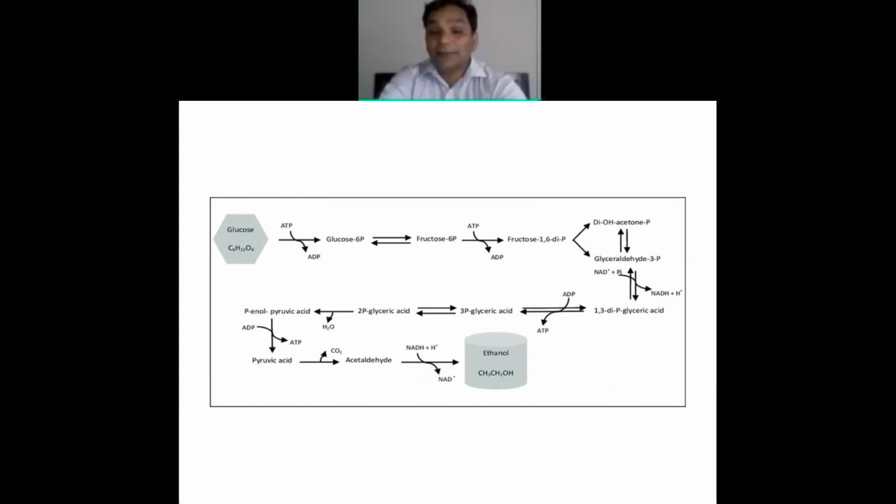The basic metabolic route by which we are targeting ethanol starts from glucose. So until you reach this point, you will not be able to get ethanol. This slide becomes very important in this case.